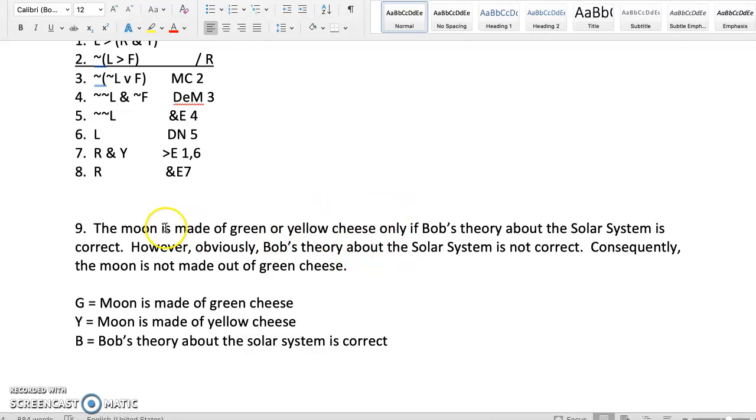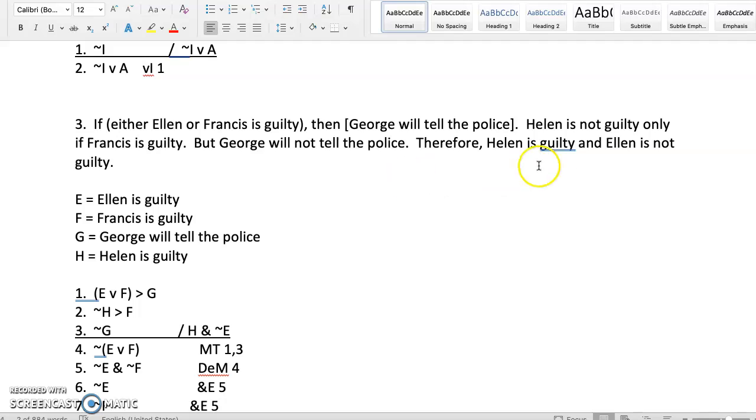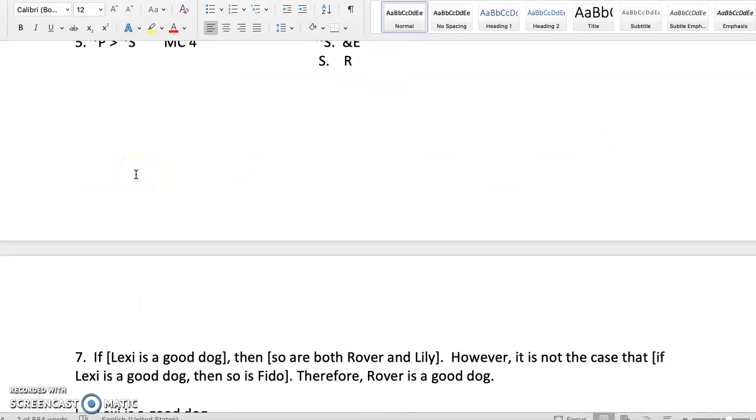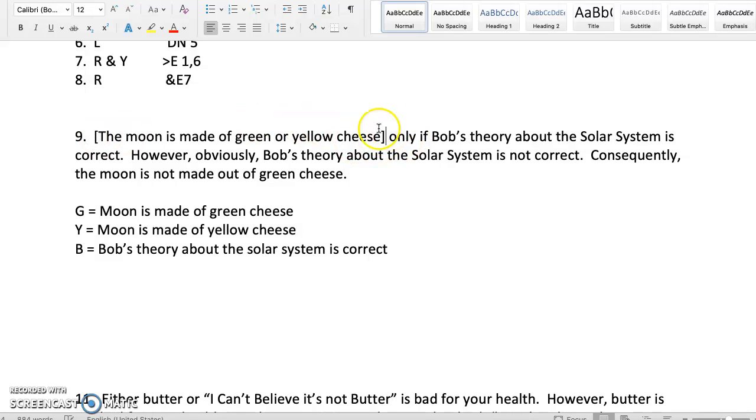Okay, so the first sentence is an only if sentence. And just like above with, which one was it? This one, only if, number 3. You have to remember for only if, you can just substitute the conditional for only if and leave the rest of the sentence in the same order, right? So this then will be our antecedent.